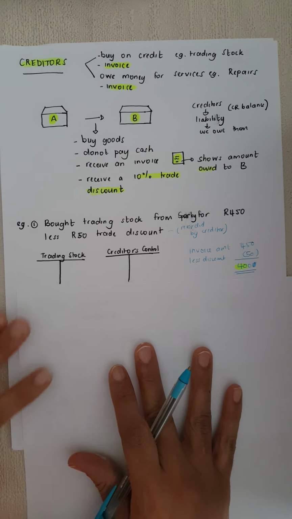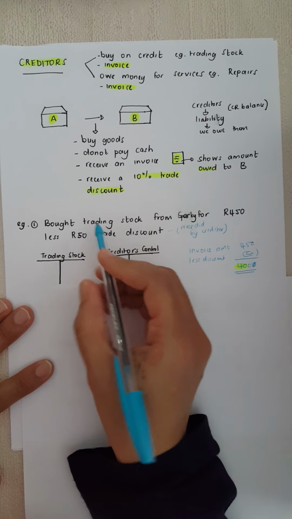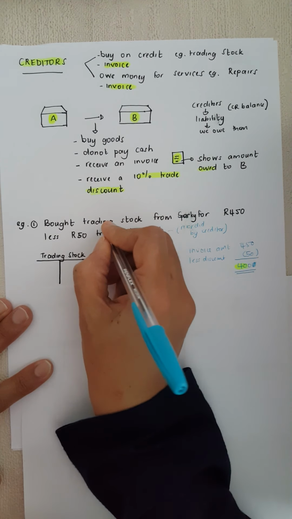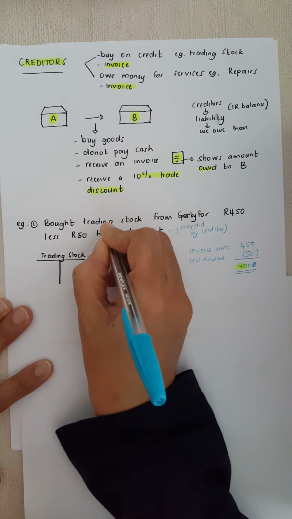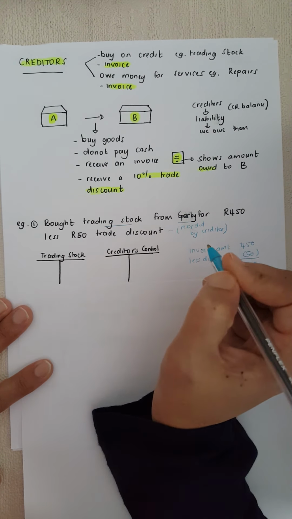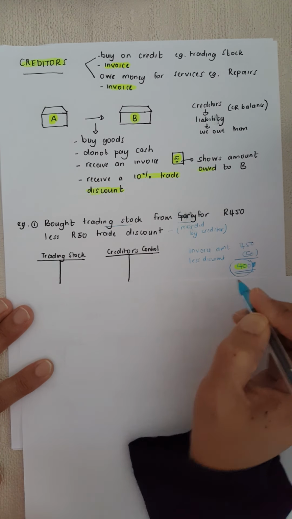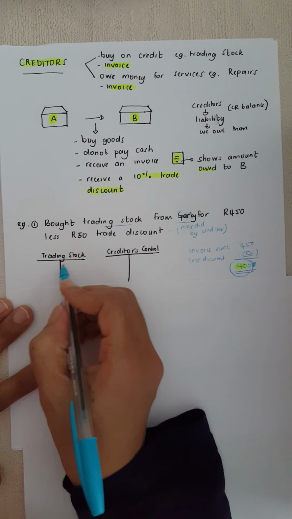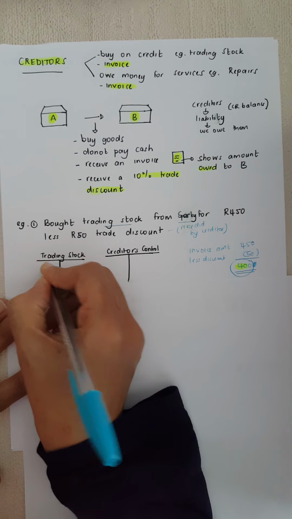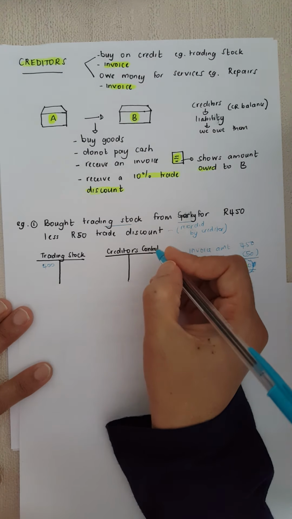So how are we going to do this entry? Trading stock is increasing, right? If we look at our transaction, we are looking for 3 things: the 2 accounts that we've got, trading stock and a creditor, and our amount, which is 400 Rand. So I'm going to debit my trading stock with 400 Rand because my trading stock has increased by 400 Rand. And what am I going to credit?